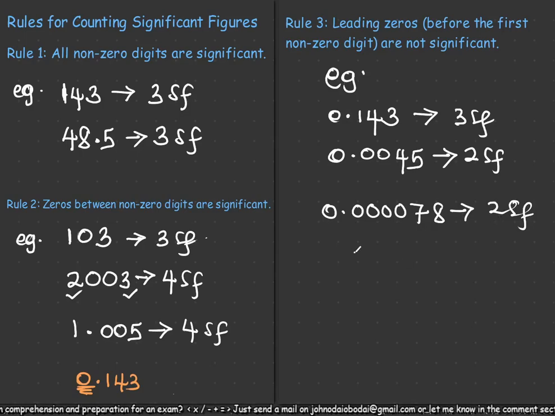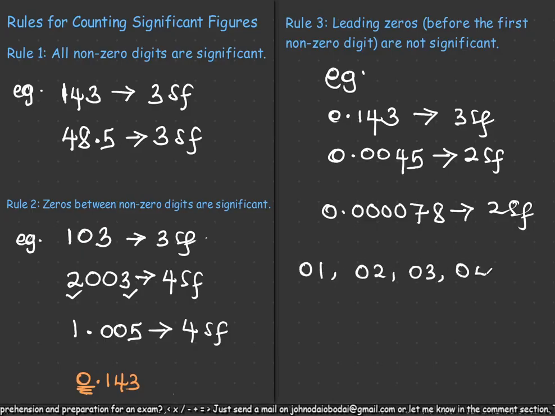That is the reason why in writing numbers, if you write 01, 02, 03, 04, we call all these zeros placeholders, but in actual sense, they don't affect the value of these numbers.